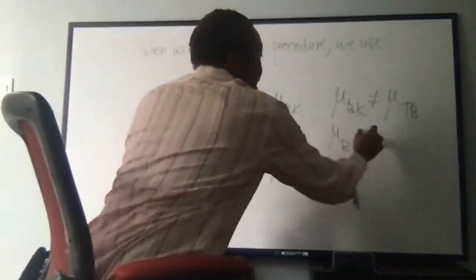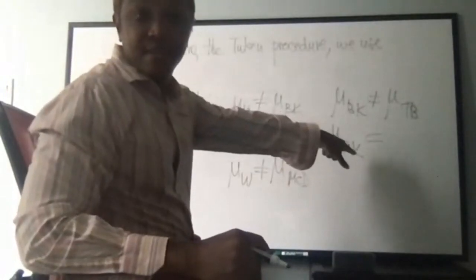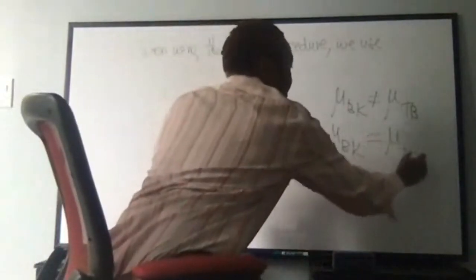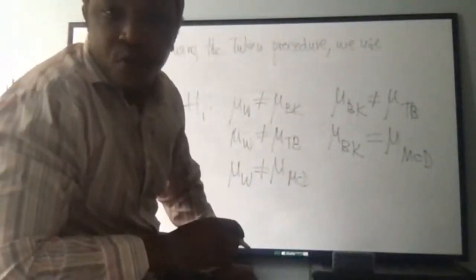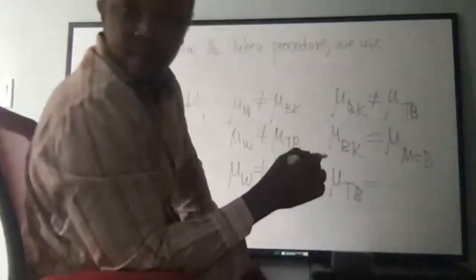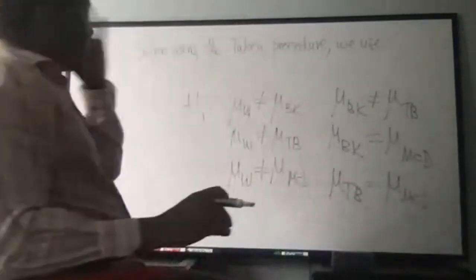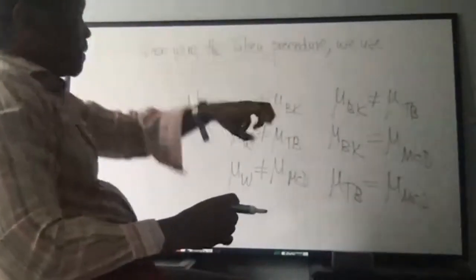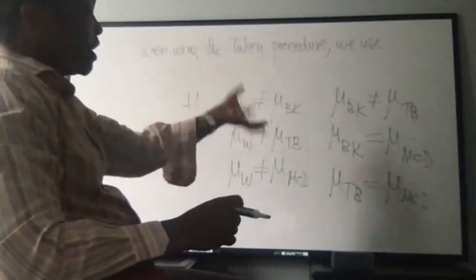Mu Burger King, see, I have to keep that equal right there, because according to this, 2 and 4 are the same, Burger King and McDonald's. And then finally, 3 and 4 are also the same, mu Taco Bell and mu McDonald's. Okay, so the Tukey Kramer procedure now starts looking at pairs, and now I'm able to see which ones are significantly different and which ones are the same.